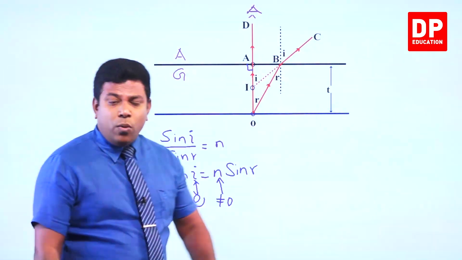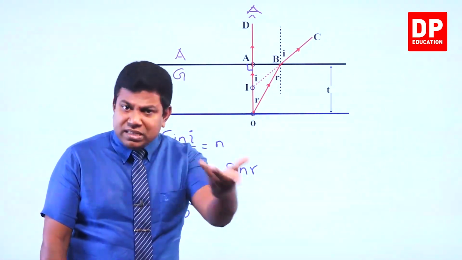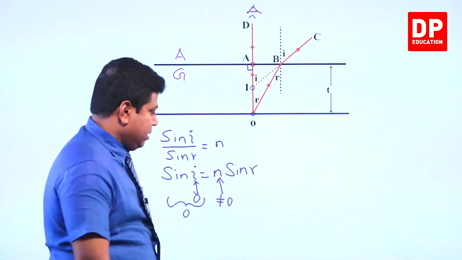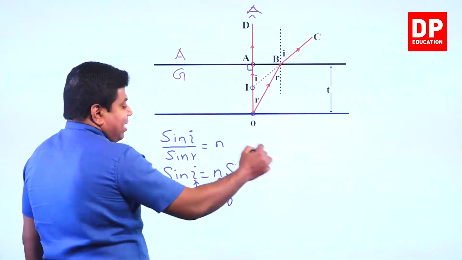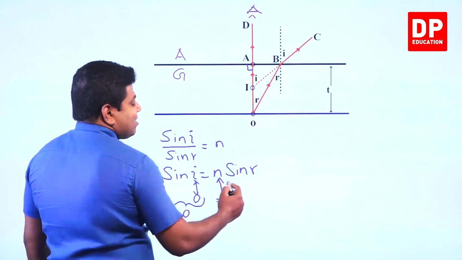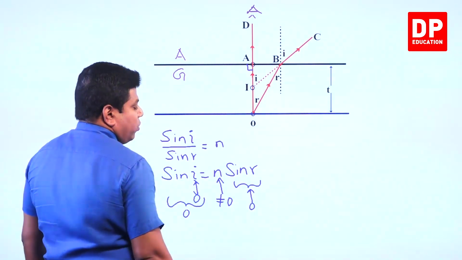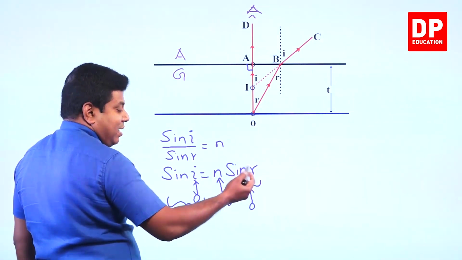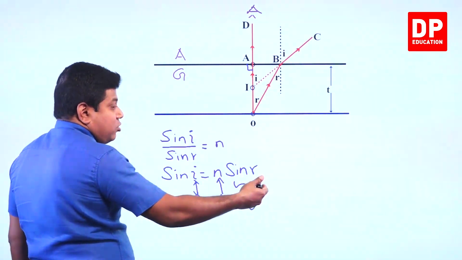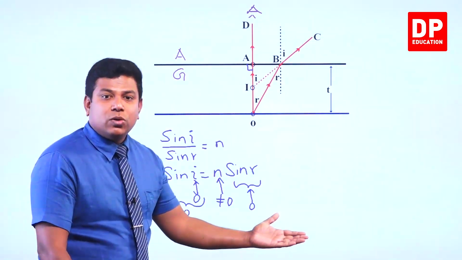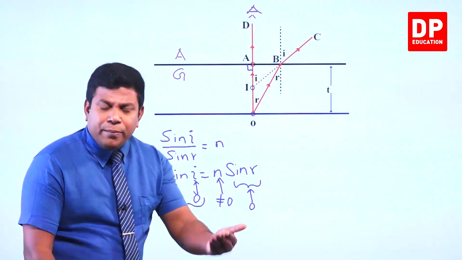The refractive index of one medium with respect to another medium is never 0. Then if this side has to be 0, obviously sin R has to be 0. Then only you will have the equation balancing. Left hand side is 0, right hand side has to be 0, which means sin R has to be 0. Sin R 0 means how much is R? R is 0.